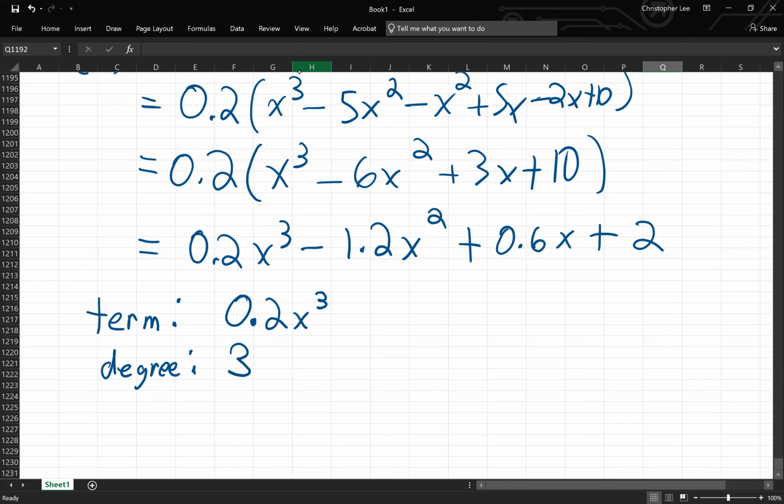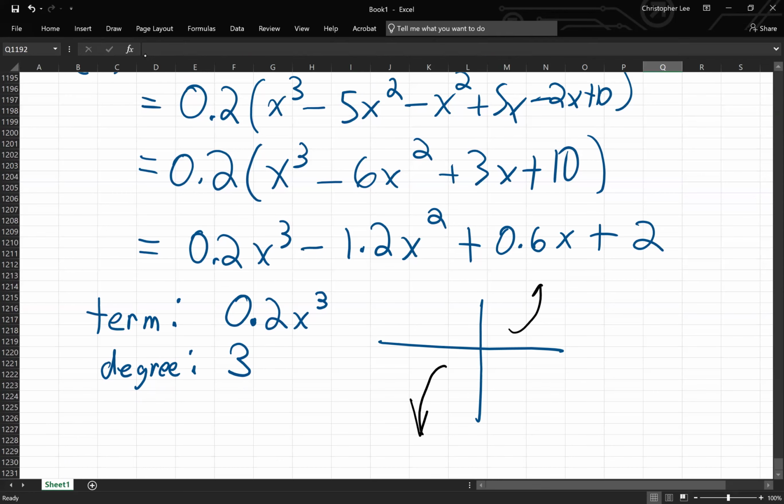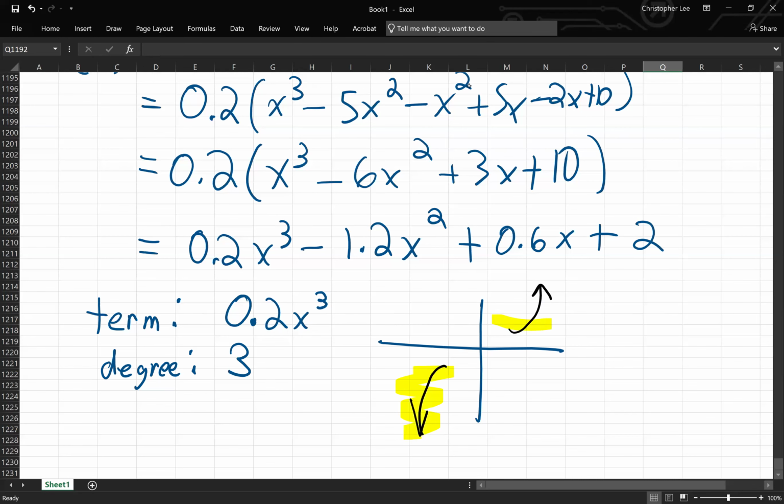As x approaches negative infinity, f of x is negative. Correct. So this is it right here. I personally like the pictures, but if y'all wanna use the symbols, go ahead.